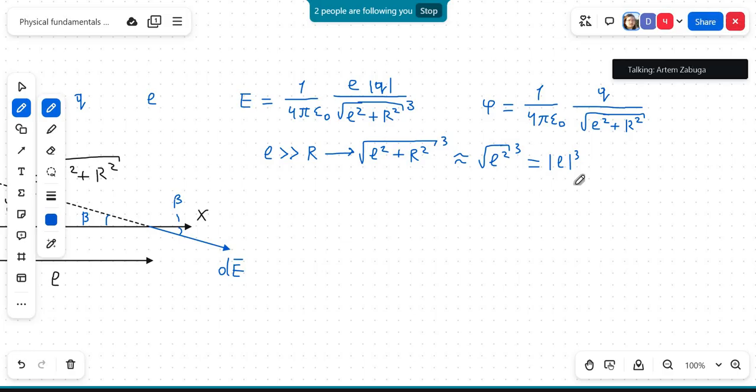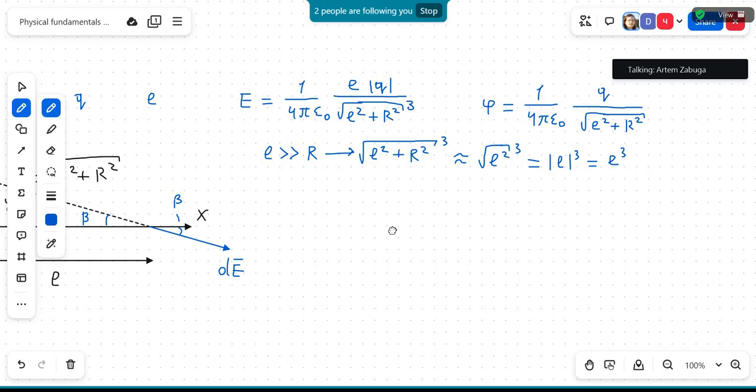But L is a distance, so this is a non-negative value, and this means that its absolute value is equal to this value. So we will get L to the power of 3.